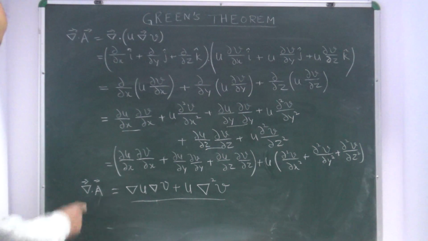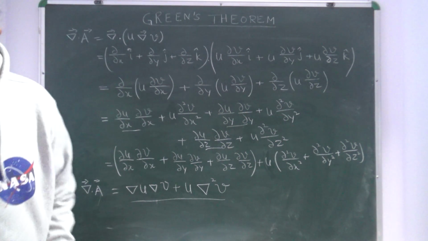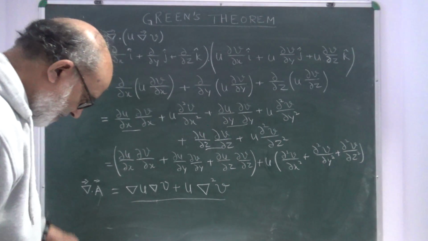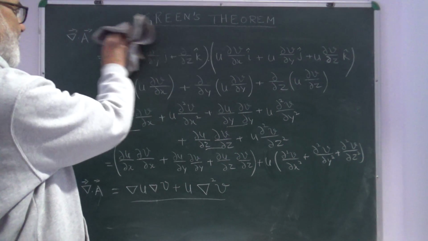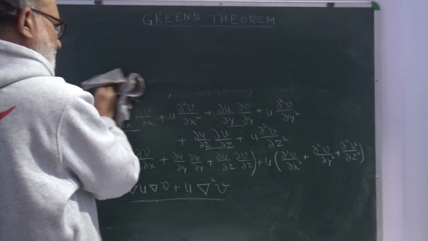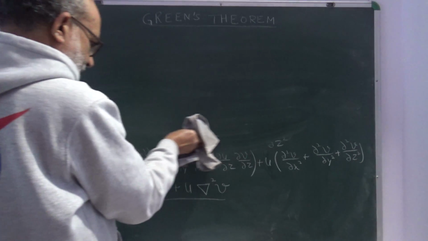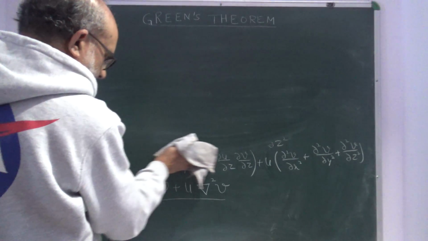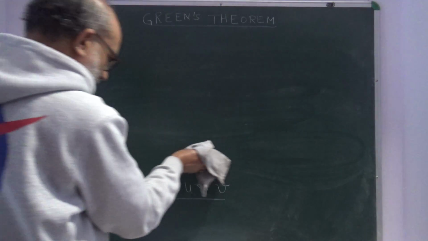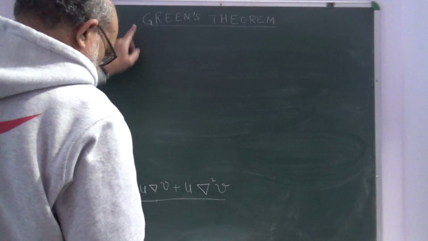Now take the volume integral of this divergence. So I am writing this equation above here and removing this one.